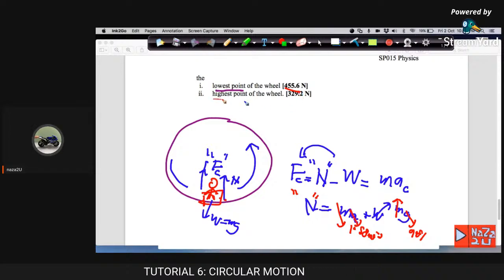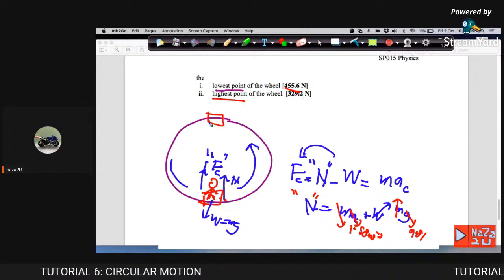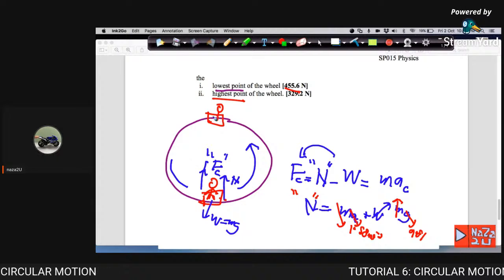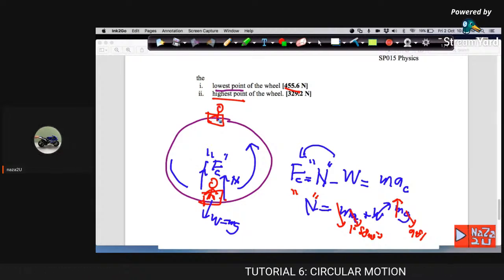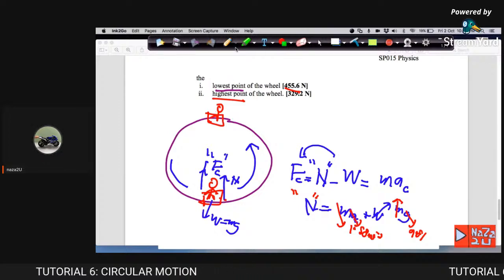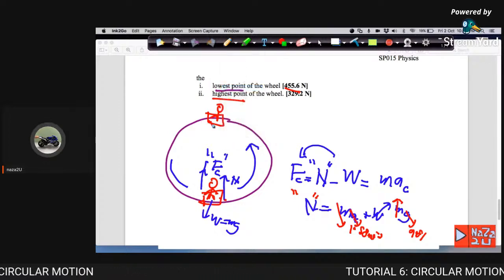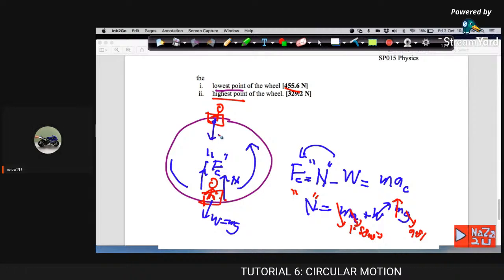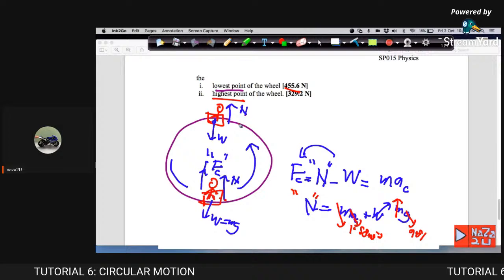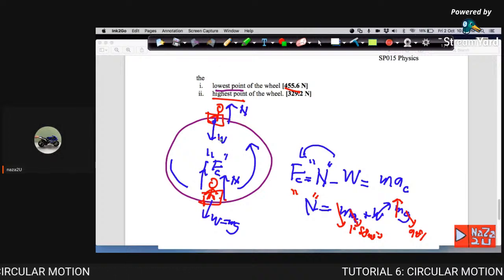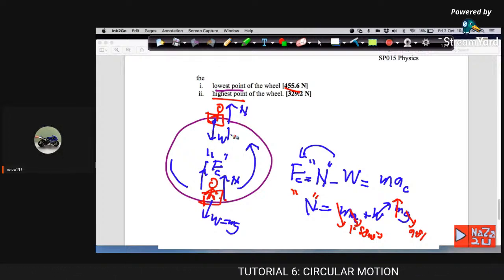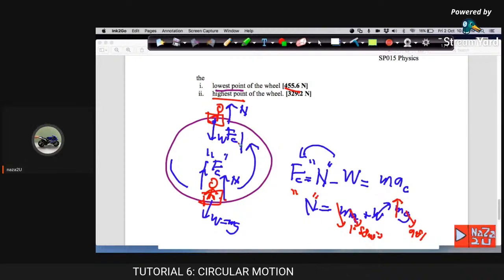So what happened at the highest point? At this time, how is it? Still, it will be standing here, right? So meaning here, same, you will have two forces here. The first force is a weight force, W, and we have a normal force upward, N. But in this motion we have a centripetal force directed downward.